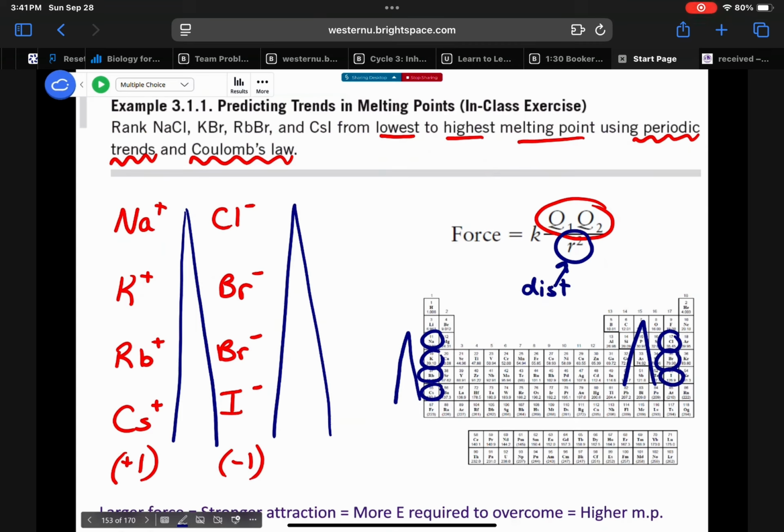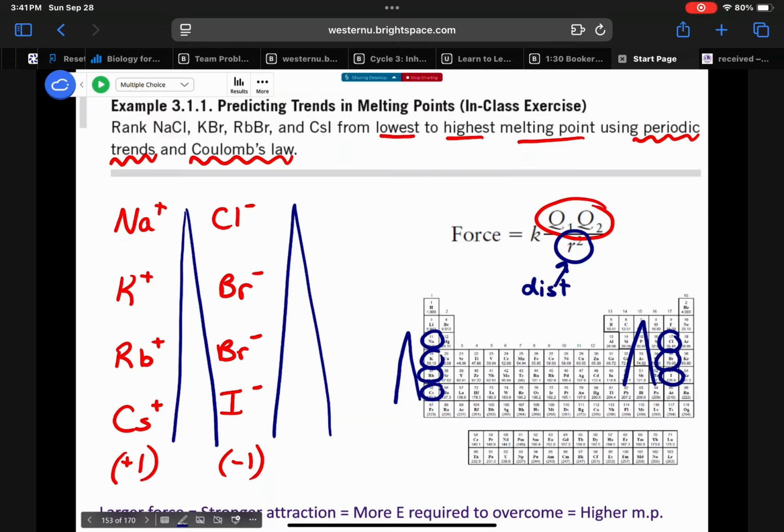We're going to have to disrupt those bonds. We have to put in more energy to disrupt that strong attraction. If we're putting in more energy, that means we need to increase the temperature more. We need to have a higher melting point to disrupt those bonds. We can see sodium and chloride are going to have the highest melting point because they have the greatest force.